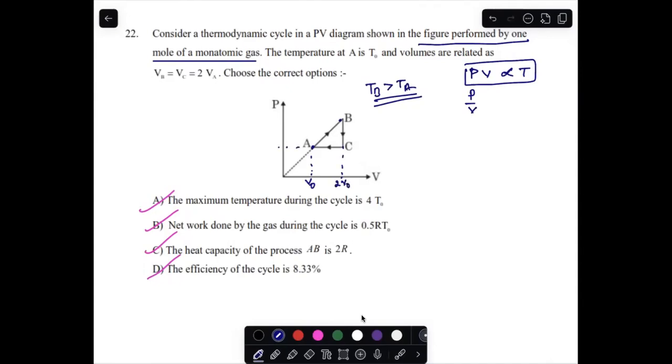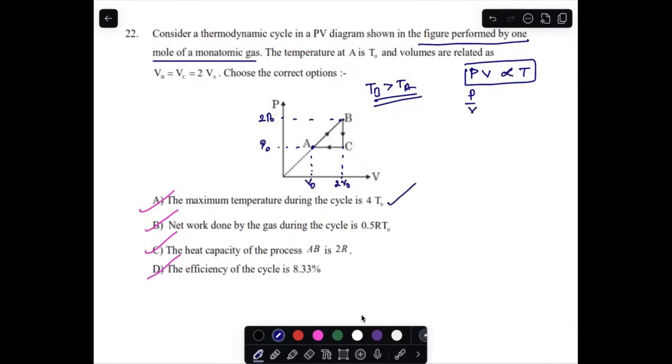If this is P naught, since volume is doubled and it is a straight line, P proportional to V, this should be 2P naught. Right. The maximum temperature during the cycle is 4T naught. True. Because at B, the product is 2P naught, 2V naught, 4P naught V naught. If P naught V naught is proportional to T naught, then 4P naught V naught is proportional to 4T naught. At least I can do this question.